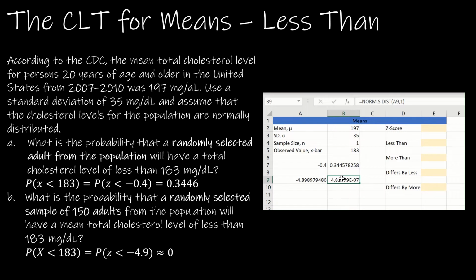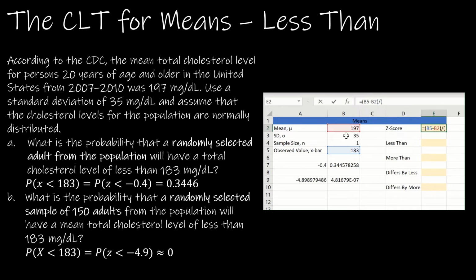Now, that's all well and good, and it doesn't take that much work. But if I'm doing a lot of calculations, I want to make things easier on myself. And so I'm going to, of course, tell Excel how to do all of this work for me. So for the z-score, I'm going to just set it up using the formula of x bar minus mu divided by, and then open a new parenthesis.